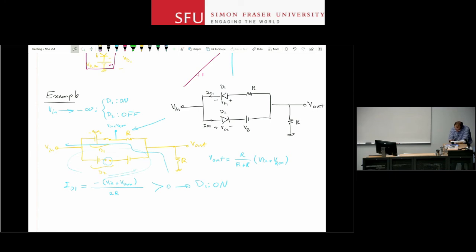And if I do that, I can show that VD2 is equal to, I'm going to include the diode, basically I'm going to look at the voltage drop from terminal to terminal, right? So from this end to this end. So VD2 is equal to V in minus the voltage at this node, which is V out plus VB, whatever this VB was.